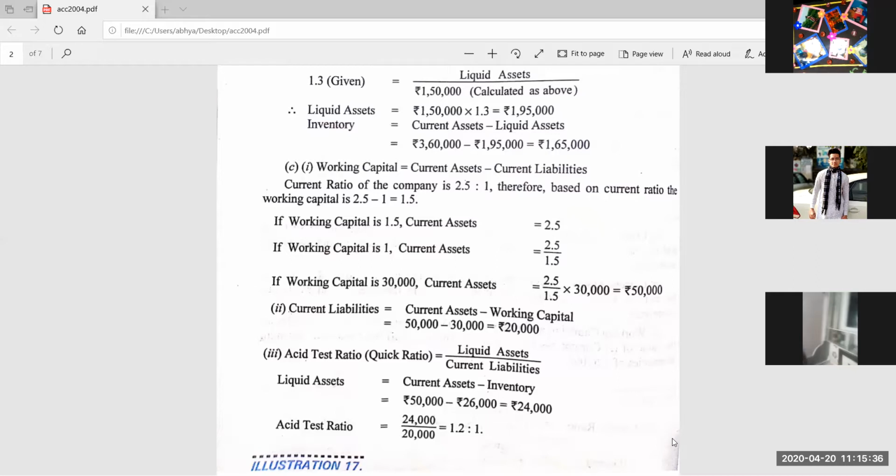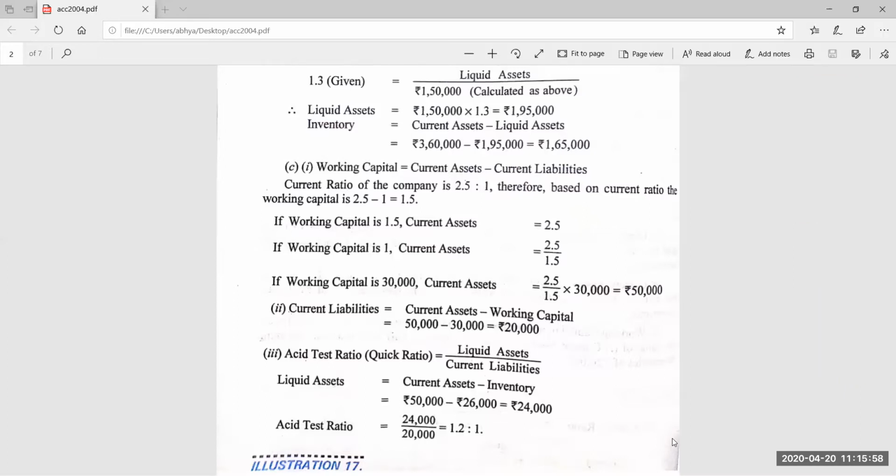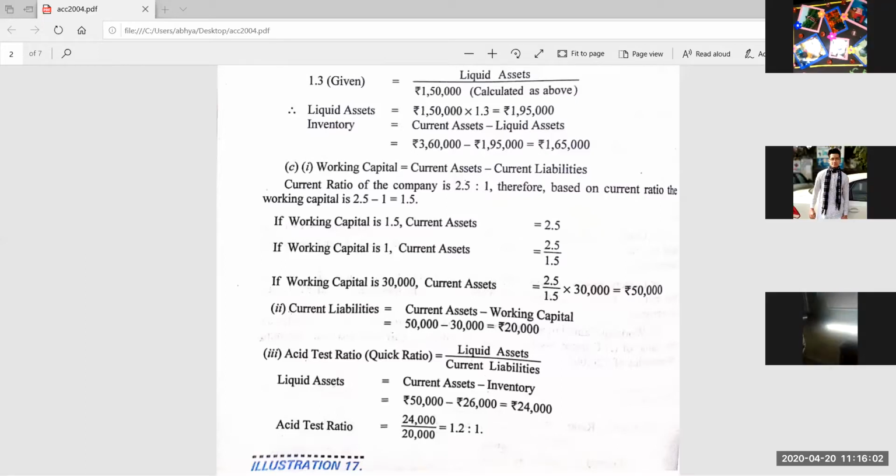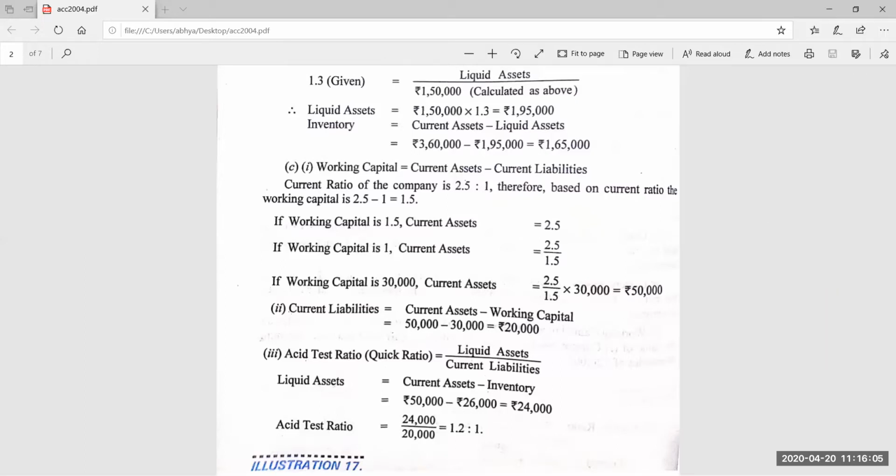I am waiting for you. Current liabilities are 20,000. Then put the values in the liquid ratio. The liquid ratio is liquid assets upon current liabilities, and liquid assets are current assets minus inventory.